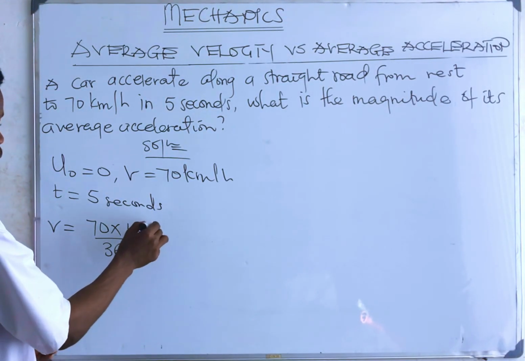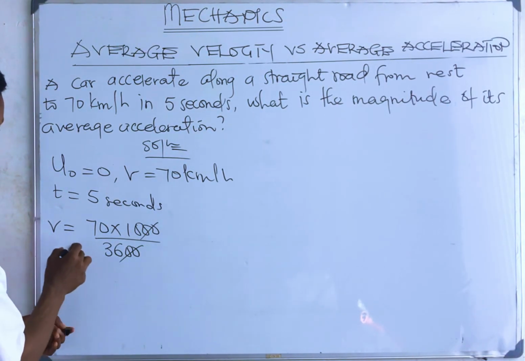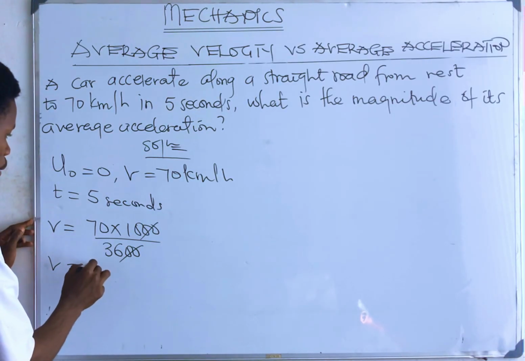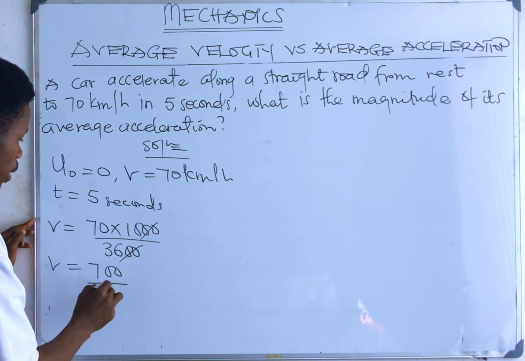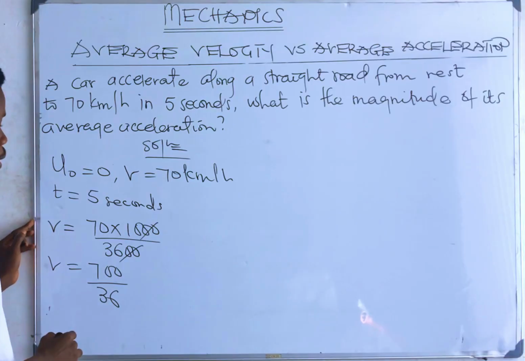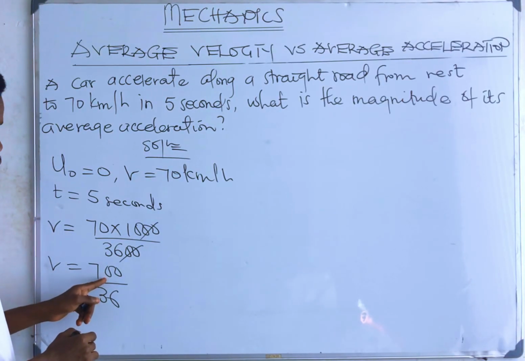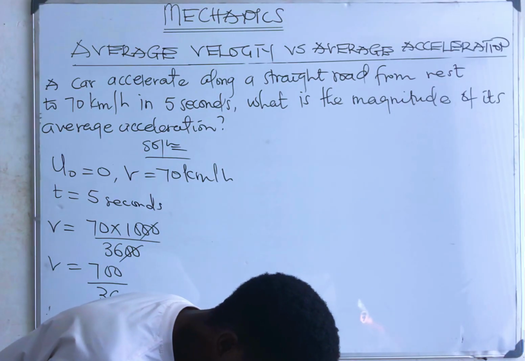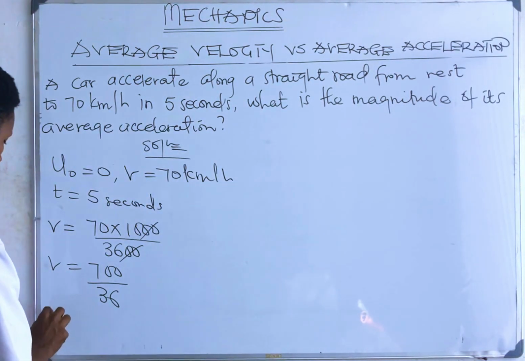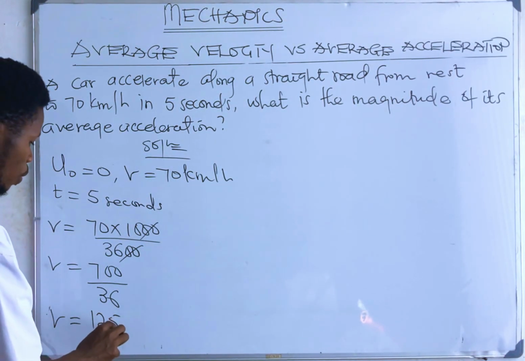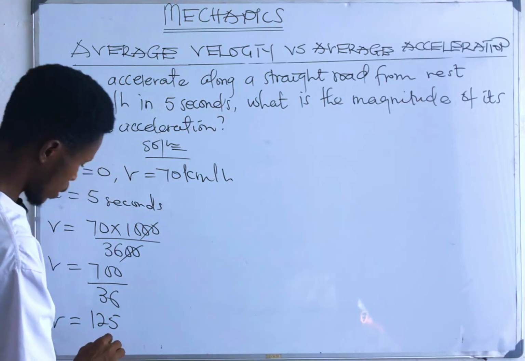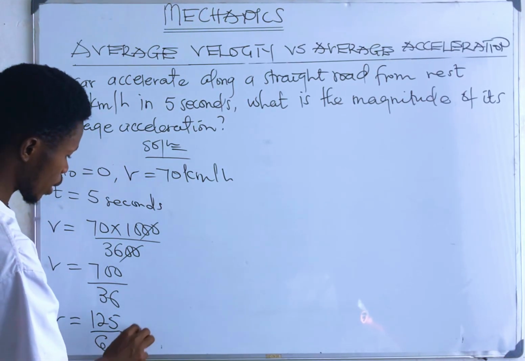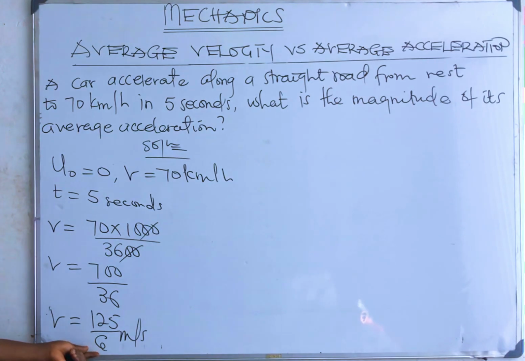These 2 zeros cancel these 2 zeros, leaving 700 over 36. Let me use the calculator. That will be 125 over 6 meters per second. So when you do the conversion, that's what you are going to get.